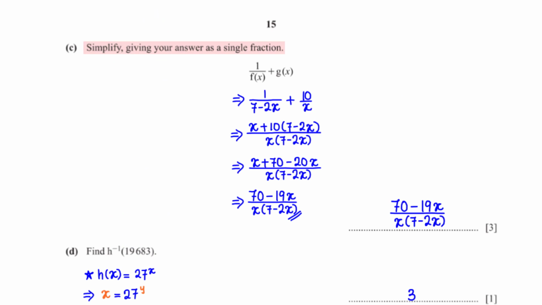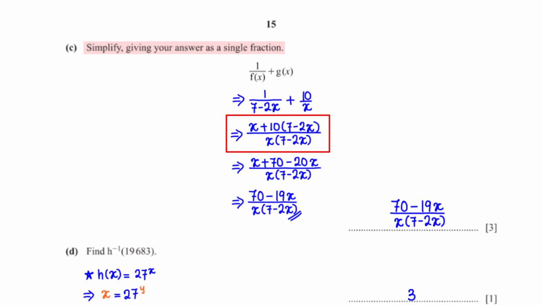Simplify, giving your answer as a single fraction: 1 over f of x plus g of x. F of x is 7 minus 2x and g of x is 10 over x. We get the LCM by multiplying the denominators. 7 minus 2x goes into the LCM and we are left with x, which multiplies 1 to give us x.